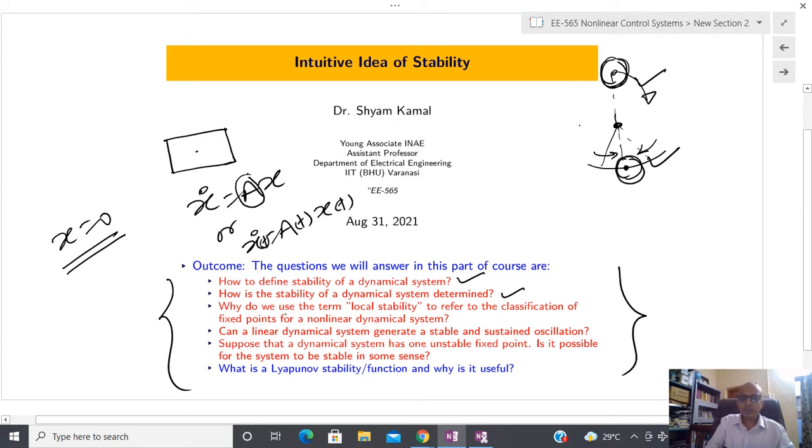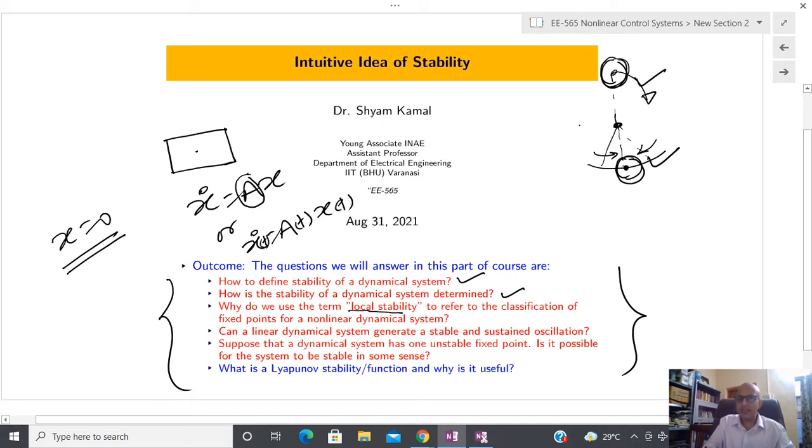Okay. So now we are going to understand why we use the term local stability. Local, because here you can see that the behavior of this equilibrium point and the behavior of this equilibrium point are totally opposite. Okay, so I can say that this particular equilibrium point, the lowermost equilibrium point, has some kind of behavior.